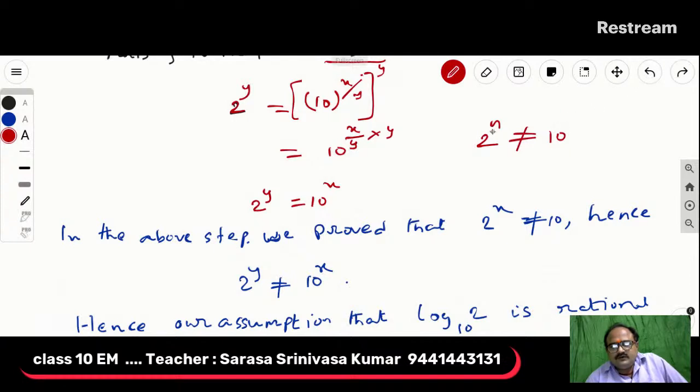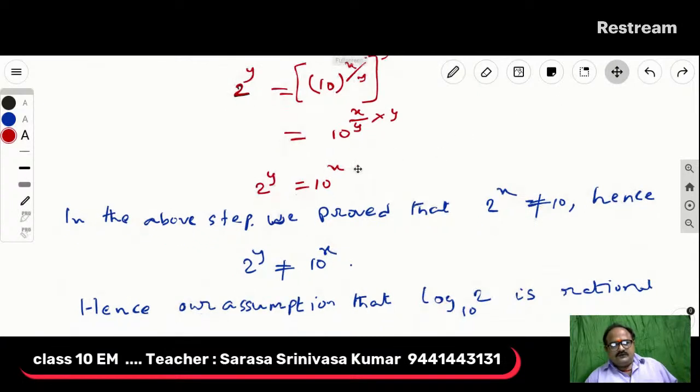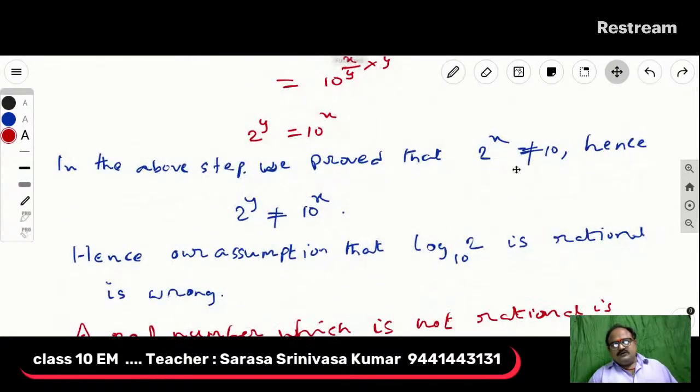Because 2 to the power of n cannot be expressed as 10. We discussed the reason above. So in the above step, we proved that 2 to the power of x cannot be equal to 10, and hence 2 to the power of y cannot be equal to 10 to the power of x. This is impossible. So we got this contradiction.